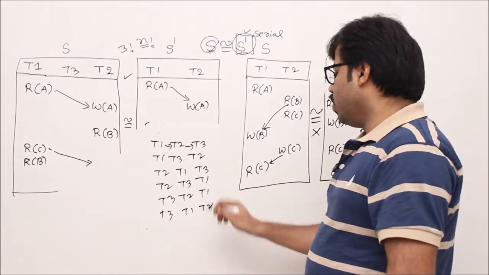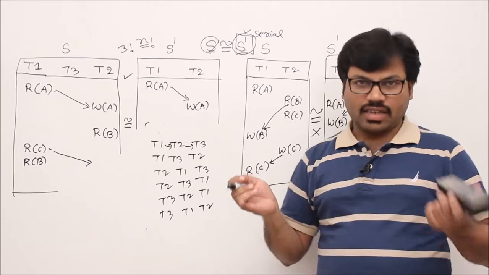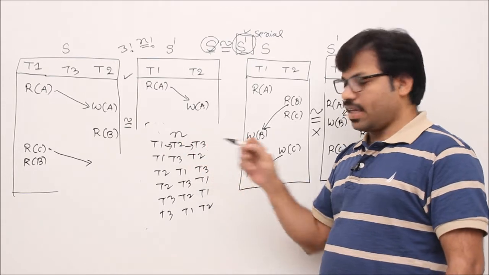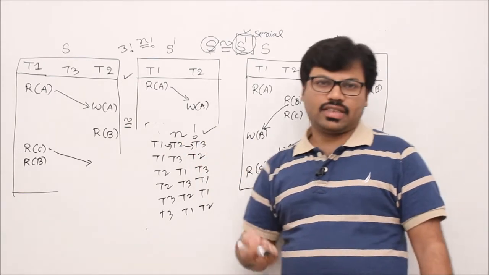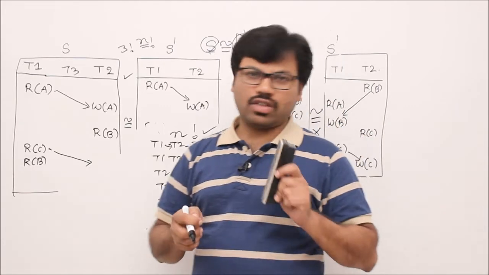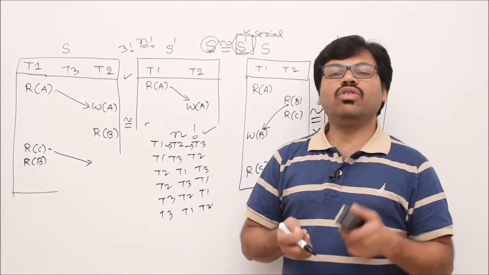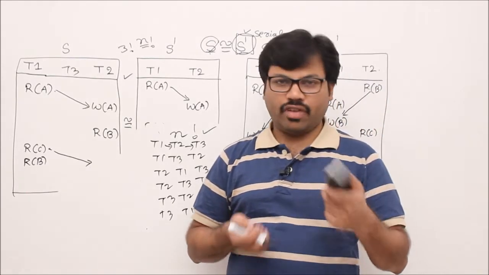So easily we can understand that serial schedules are nothing but arranging the transactions in a line. How many transactions do we have in each schedule? Let's say n. Then n factorial ways we can arrange n transactions. That's why n factorial serial schedules are possible, but the number of concurrent schedules is a little bit difficult to calculate. So we'll see that problem also while solving the problems.